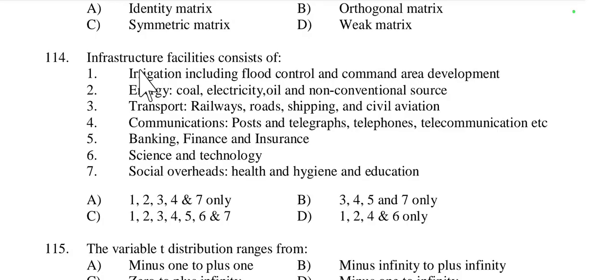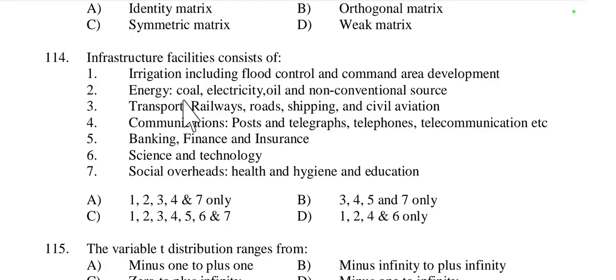The next question: infrastructure facility consists of. In infrastructure, there are various facilities like irrigation, energy, transport, communication, banking, science, technology, social overhead, all of which come under infrastructure. Irrigation includes flood control, command area development.